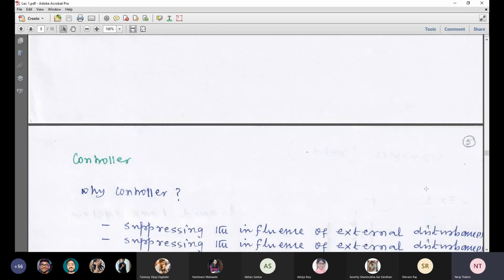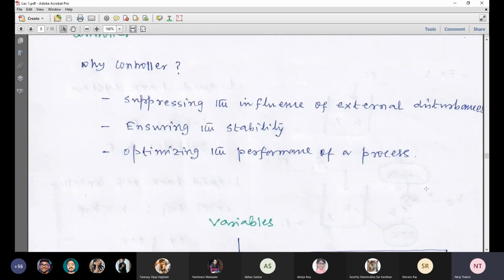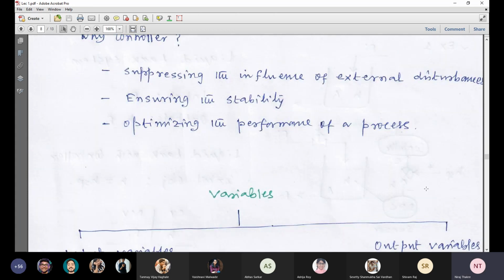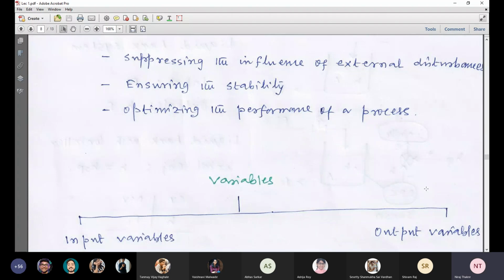Okay, let us come to the next topic, that is, variables. We want to know the classification of variables, and what classification of variables I'm going to show here is exclusively true for process control course. Remember this.